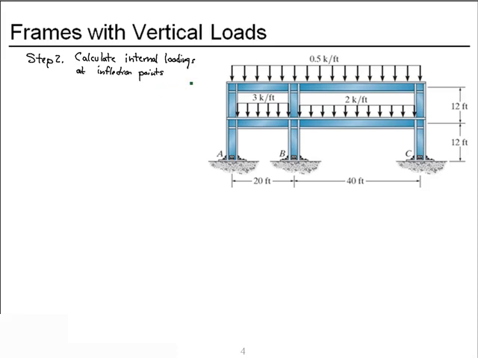So based on our first assumption, our inflection points are 2 in each of the beams. And we'll label them D, E, F, G, H, I, J, and K. The inflection points exist, in this case, 10% of 40 feet is 4 feet in from the end.